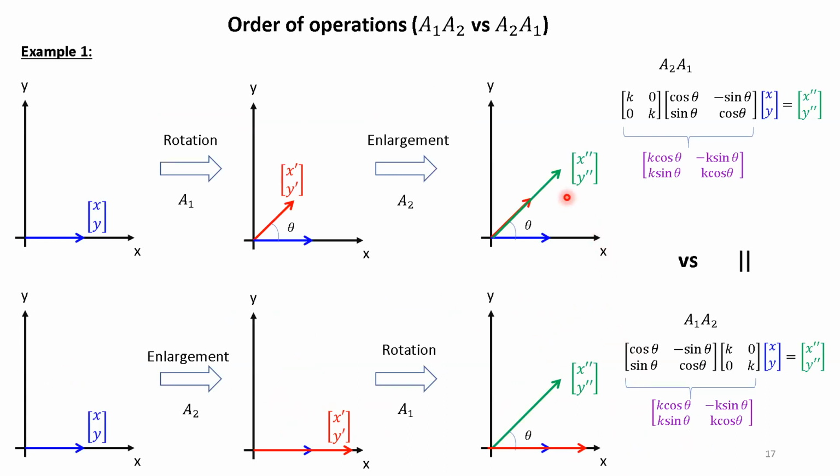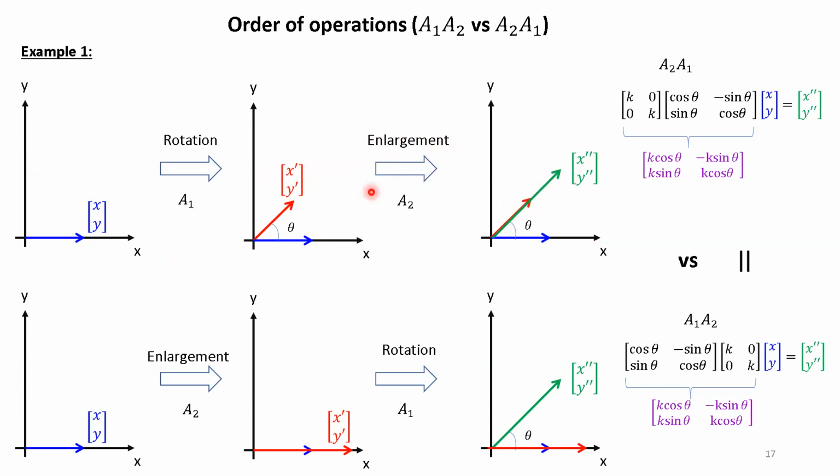Now we have a product of two matrices, and we want to examine whether applying A2 first and then A1 will be equal to applying A1 first and then A2. This first order is the same as what I showed you in the last slide. I do rotation first and then enlargement or scaling to get to here.